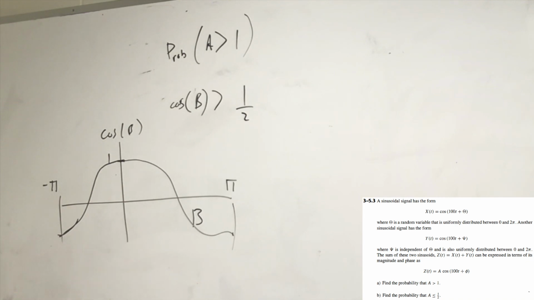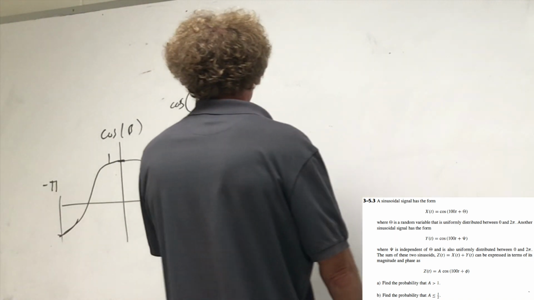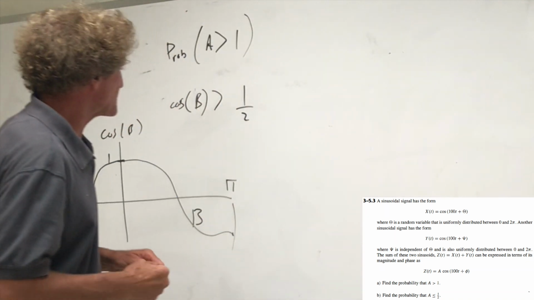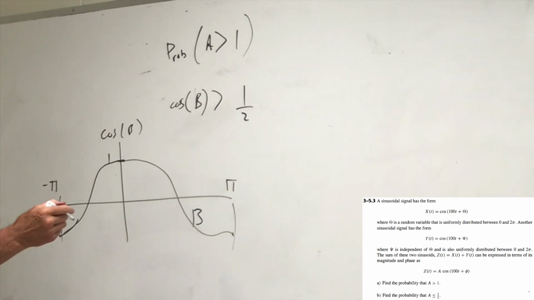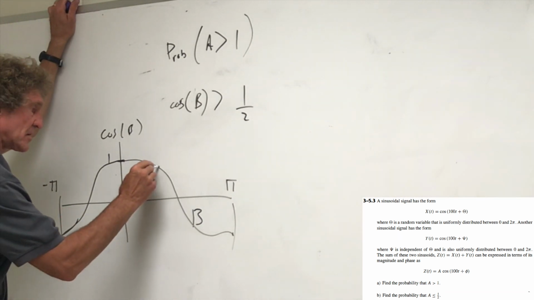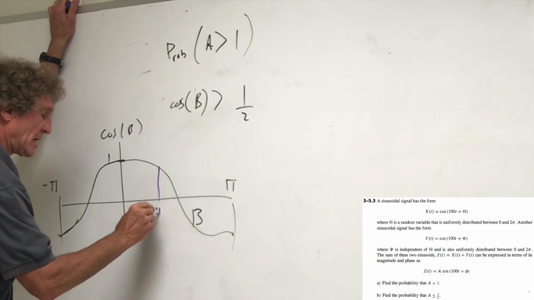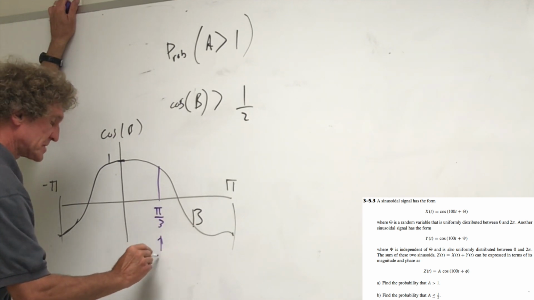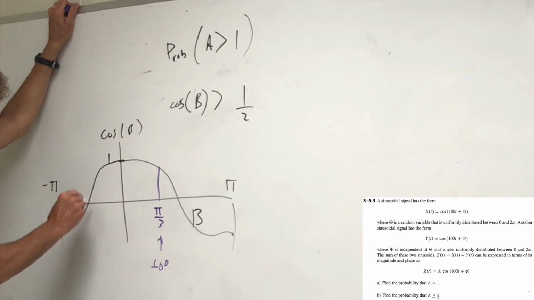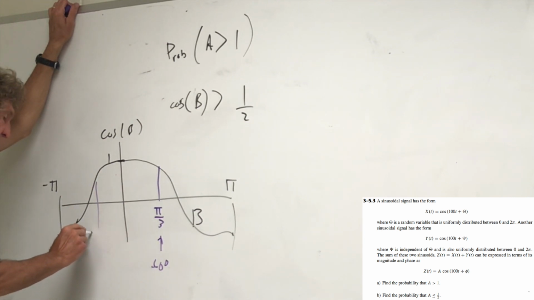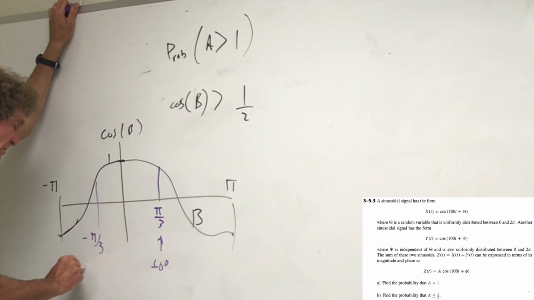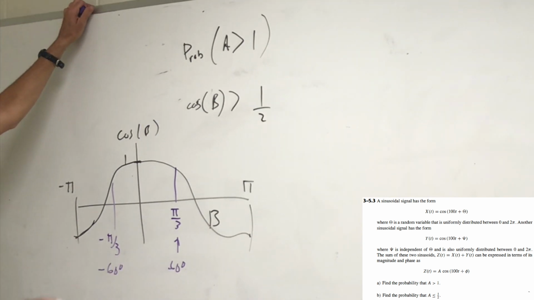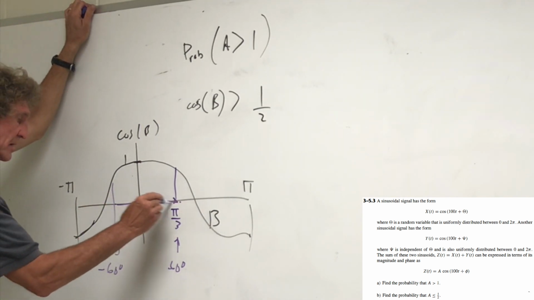So when he asks for the region where the cosine is greater than 1/2, you have to figure out where that is. Here, it would be at pi over 3 or 60 degrees, and over here, at minus pi over 3 or minus 60 degrees. So this is the range from here to here.